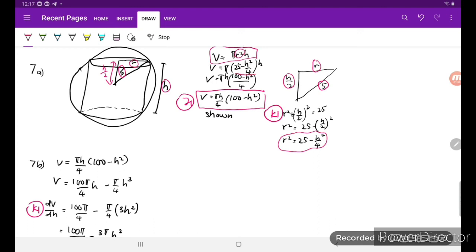Substitute and you simplify, you will get what you want to show. So marks will be given for using the Pythagoras, 1 mark, and then to show is another mark, 2 marks.